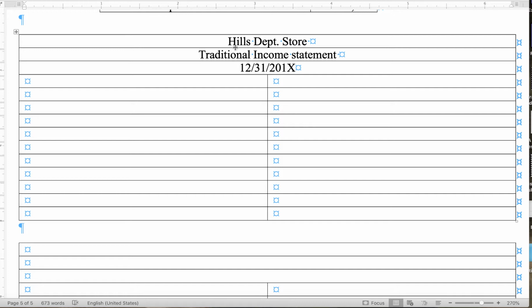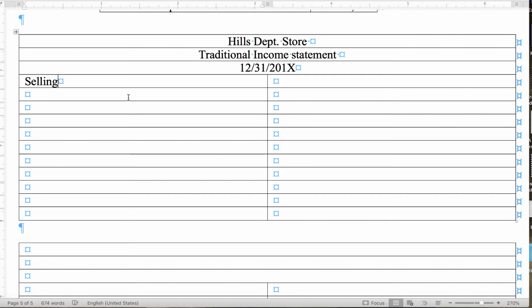This is proper form. Okay, so remember, the format for the income statement, especially the traditional, sales minus cost of goods sold gives you your gross profit, less your selling and administrative expenses, then that gives you your net income. Okay, should be a refresher, but let's go through it.